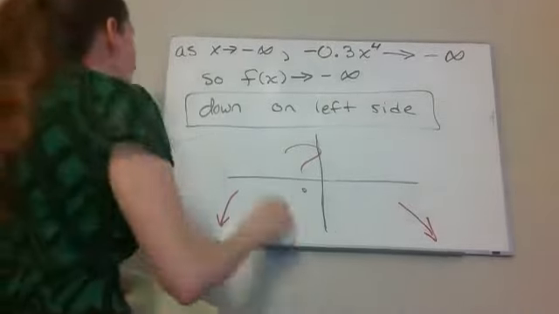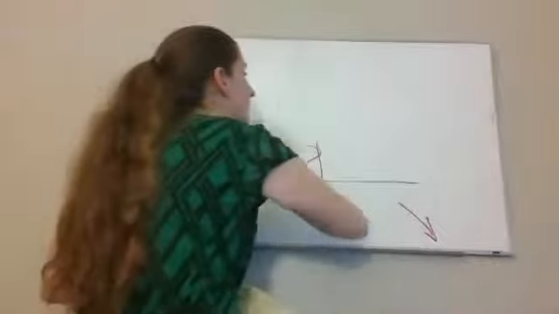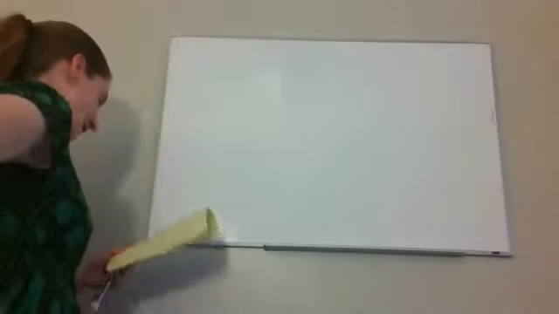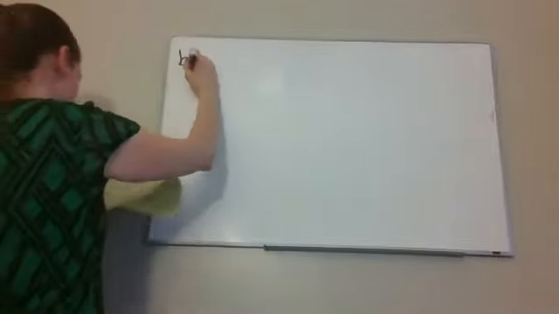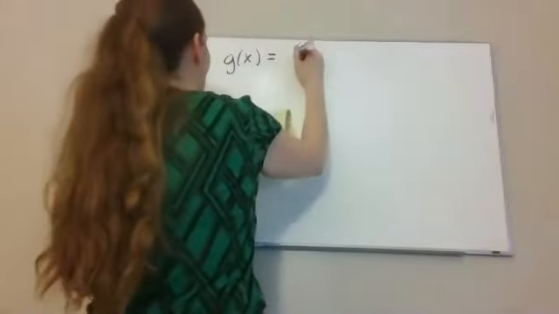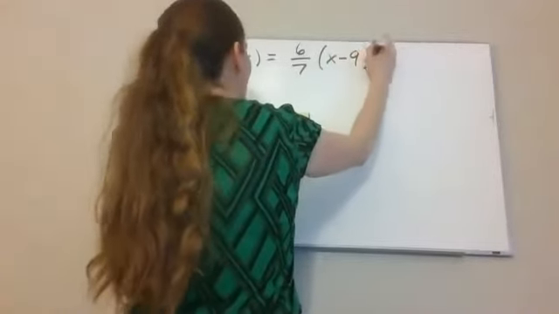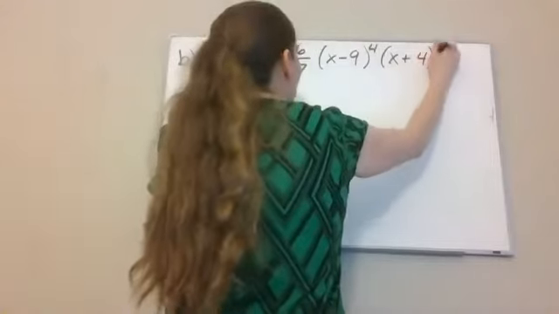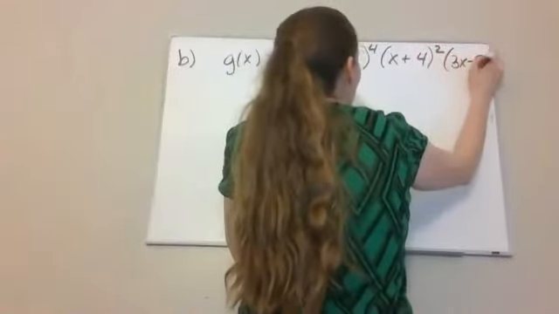All right, let's do another example, our part B. We're going to do the same thing with a different function. We have g of x equals 6/7 times (x minus 9) to the fourth times (x plus 4) squared times (3x minus 5).